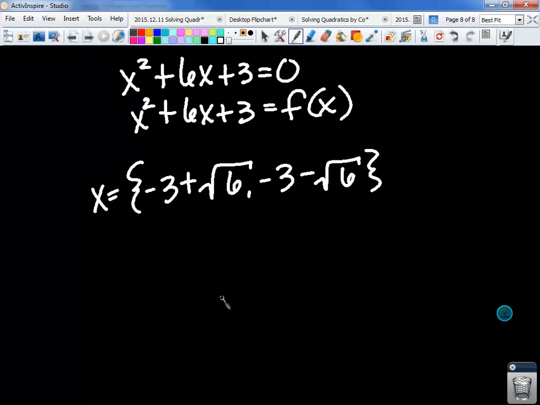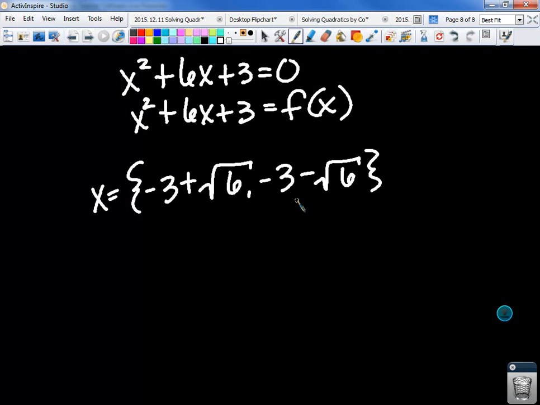So our solutions that we got by solving using the completing the square method, these are what we call exact. The decimal approximations would just be approximations, but we can list those as well.